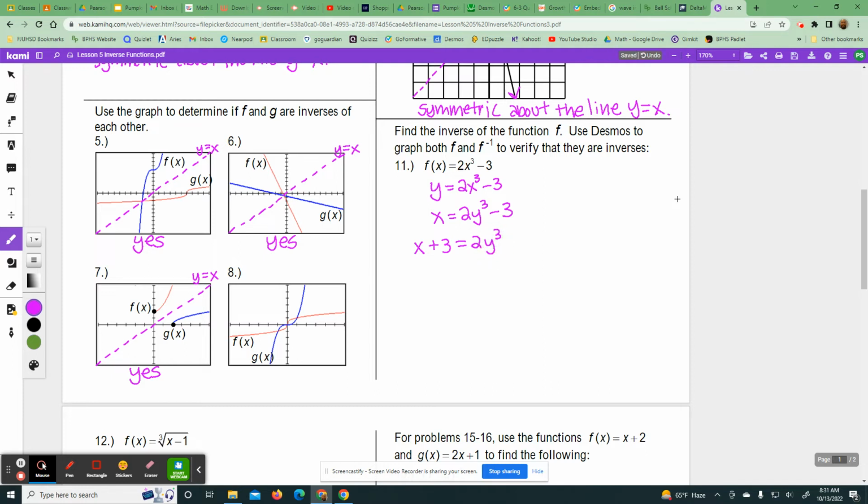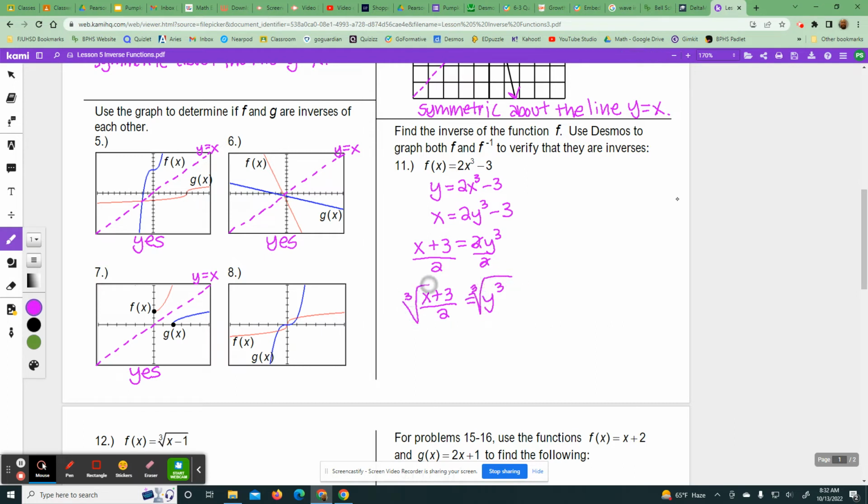Then I divide both sides by 2. So I end up with x plus 3 over 2 equals, and then these reduce to 1 and become y cubed. And then I need to get rid of that third power. And the inverse of a third power is a third root.